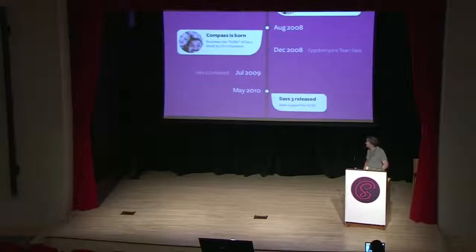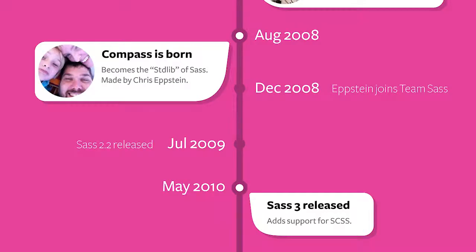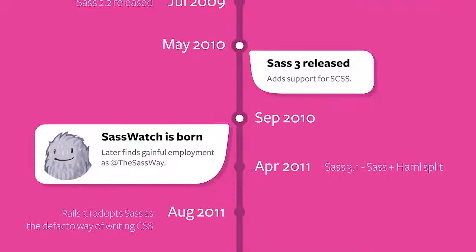Going forward a couple of years, 2009, we got Sass 2.2. 2010, Sass 3 is released. Also that summer, a friendly little guy named the Sass Watch was born.